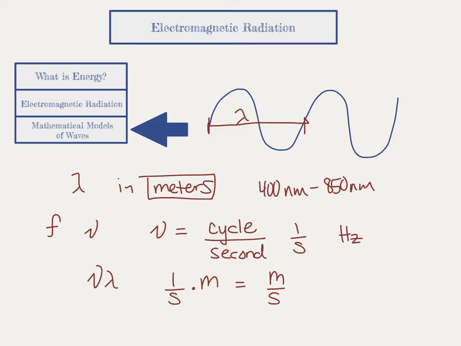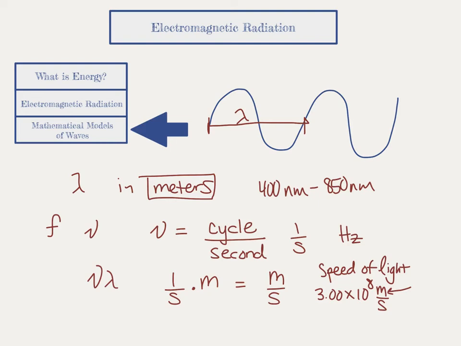For electromagnetic radiation, the value of the speed is always the speed of light. This value has been experimentally determined to be around 3.00 times 10 to the 8th meters per second. Please make sure, again, that you always do your calculations with your wavelengths in meters. It won't cancel with your speed of light equation if you don't.